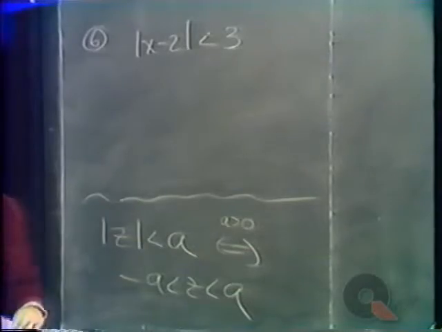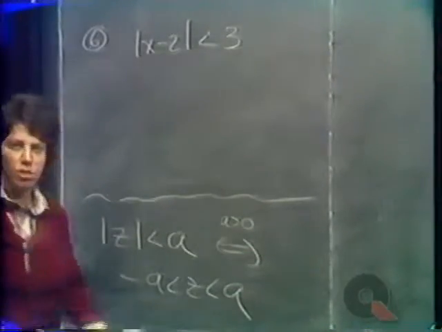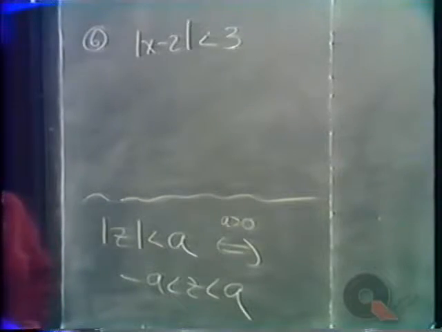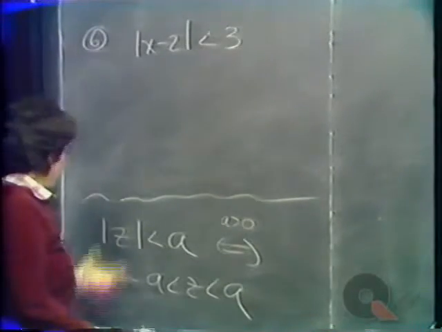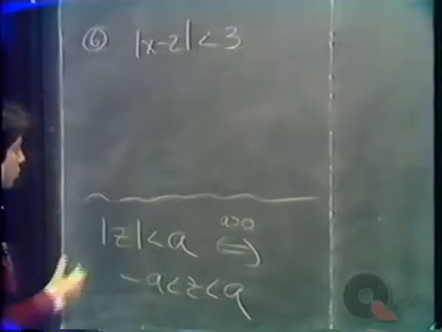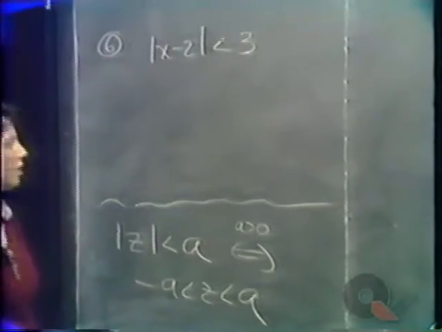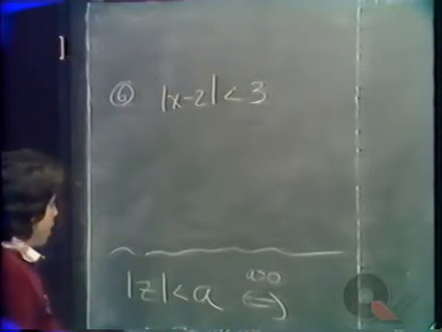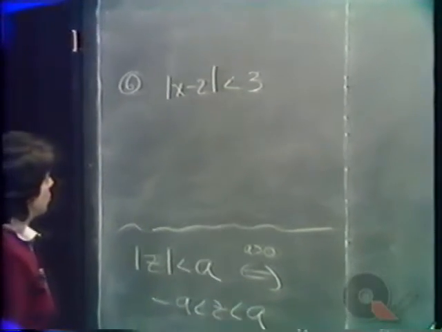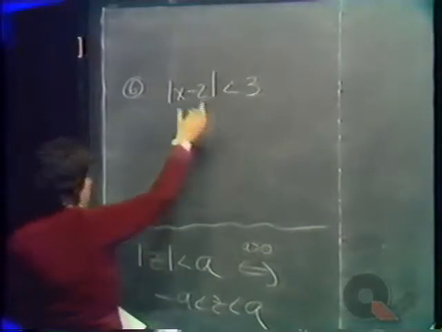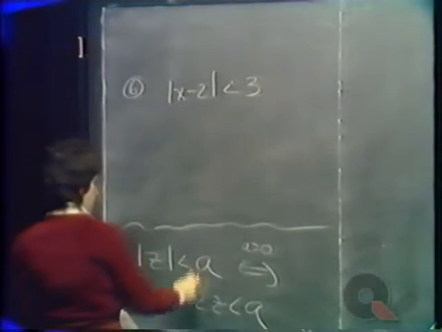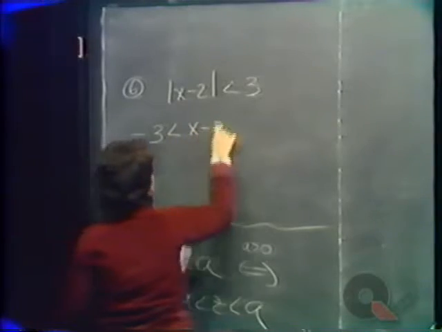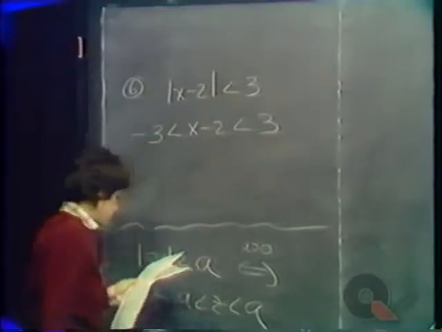Basically, the way we approach these absolute value equations and inequalities is to get them down to equivalent equations and inequalities that do not involve absolute value, by using a geometric argument or an algebraic argument, thinking about a number without its sign, to interpret it without the absolute value. The absolute value of x minus 2 is less than 3. This is like the absolute value of z is less than a. Mapping it up to this, that means minus 3 is less than x minus 2 is less than 3.